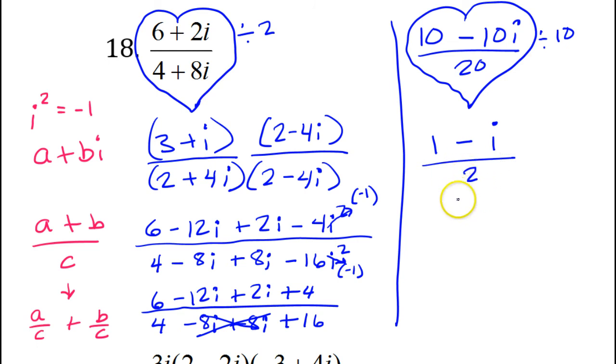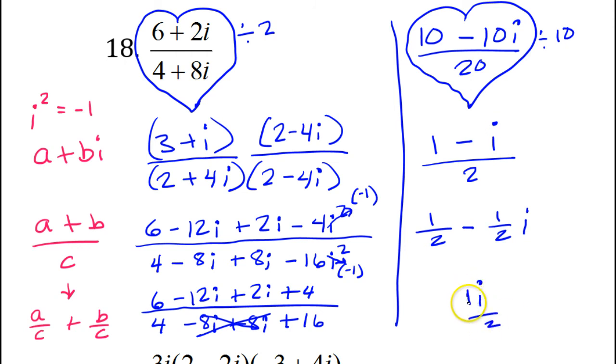Okay? So that's one form of the answer, but we should really split this apart using a plus b over c is equal to a over c plus b over c. So doing that, I'm going to get 1/2 minus 1/2 i.